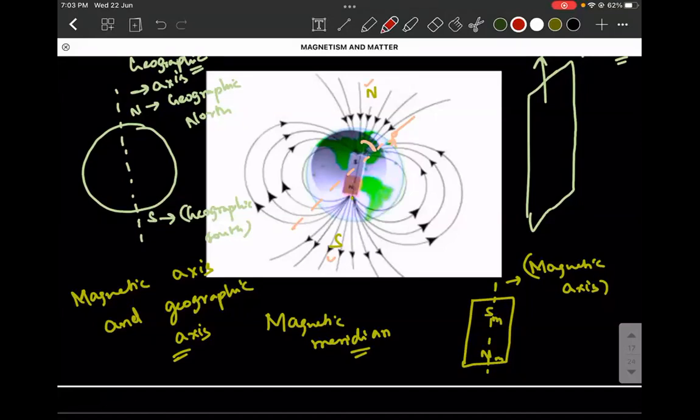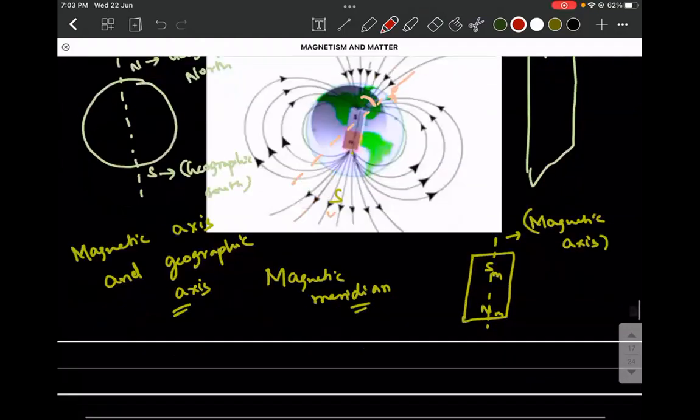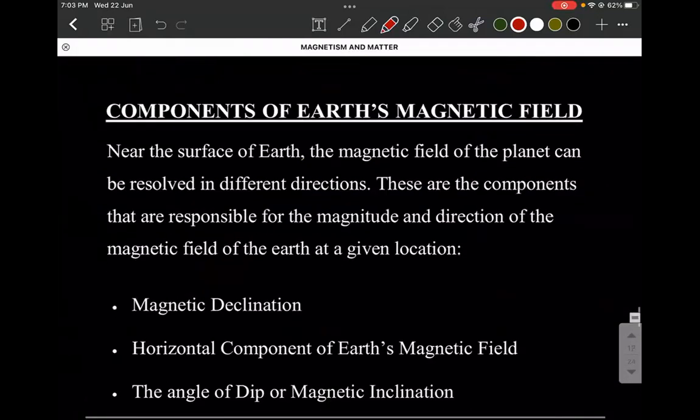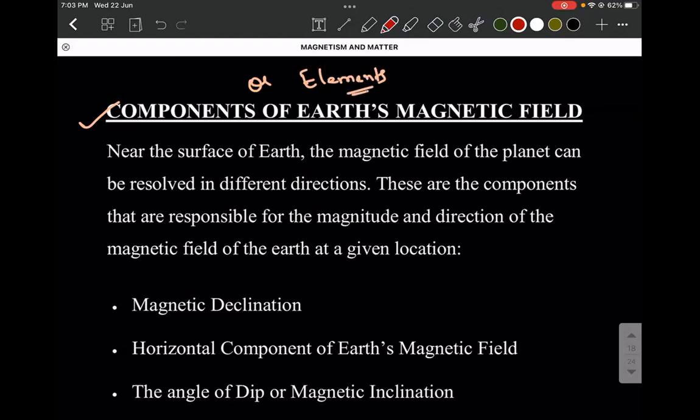So first, write down a word called magnetic declination. Now what we are going to discuss is the components, or elements, of Earth's magnetic field.